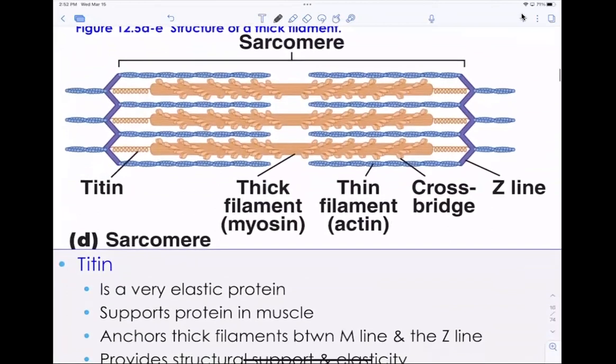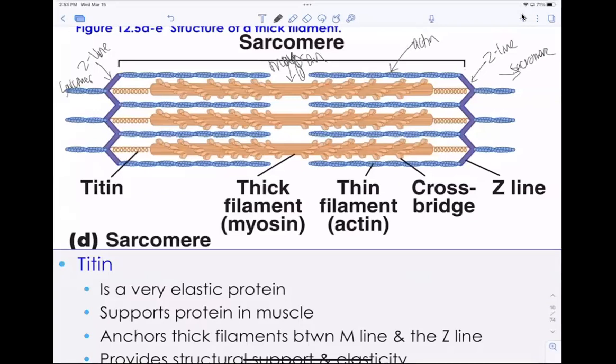Putting it together with the sarcomere. So you have the actin thin strands, and you have the myosin thick strands. And this is a sarcomere from what is called a Z line, kind of zigzag, to Z line. And from that Z line, it's going to become another sarcomere, right? So this will be another sarcomere here.